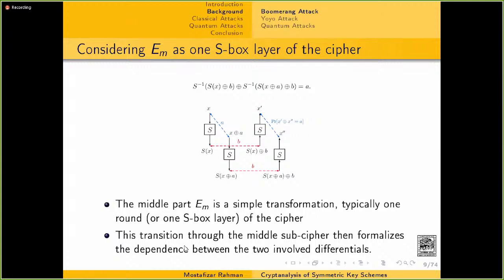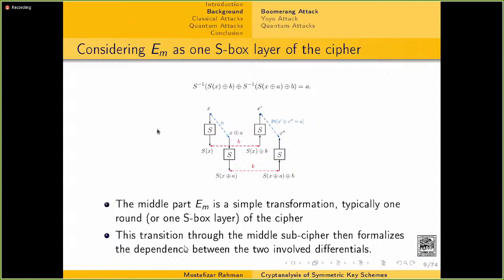So when you consider this EM layer as the S-box layer, in that case, you can see here that the encryption of X is S(X), and X XOR A is S(X XOR A). Then we add here a B difference, and then we decrypt using the inverse S-box layer to obtain X dash and X double dash.